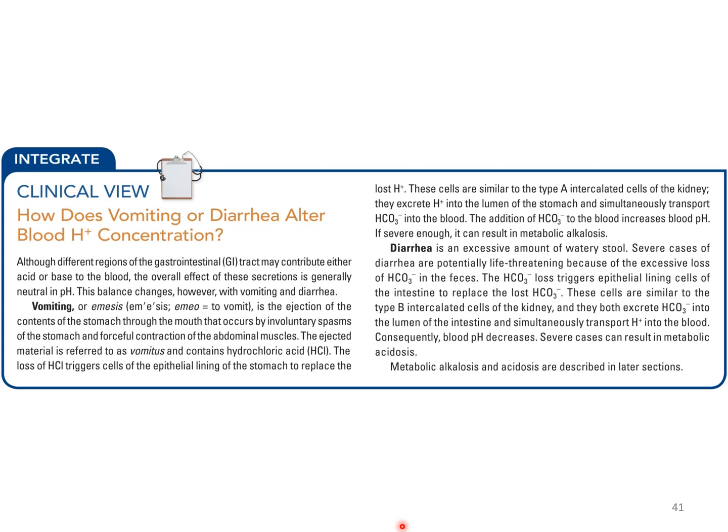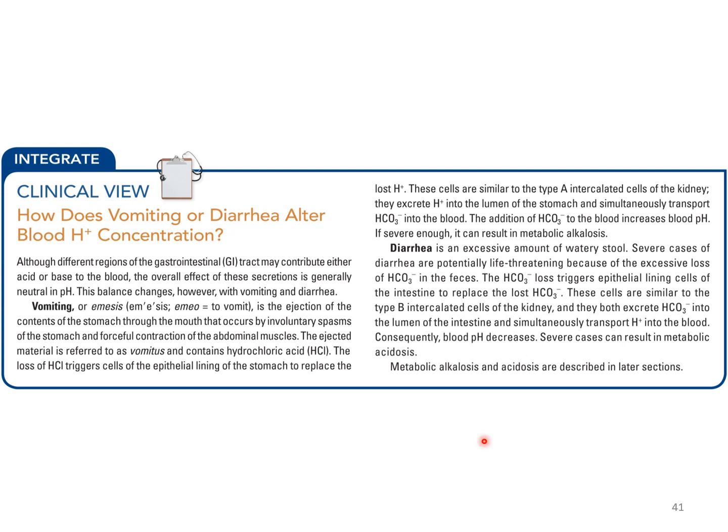So just like we saw in the kidneys, we have cells in the stomach that exchange. So with those intercalated cells, remember we had hydrogen move one way and bicarbonate move the opposite direction. We have something very similar in the stomach. So if we lose a bunch of hydrogen from vomiting, we need to replace that hydrogen in the stomach.